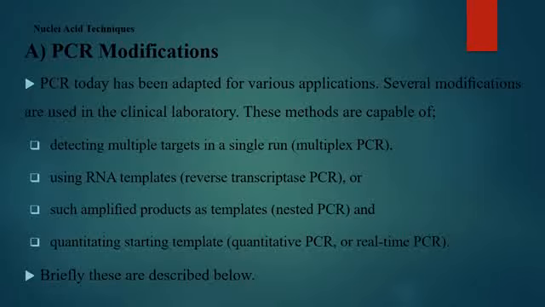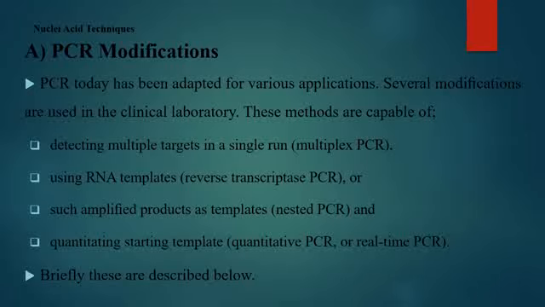Then we have the nested PCR. Now these are more like amplified products being used as templates. So you have amplified a particular product, and now they have become the template on which you are relying for your studies. And then another modification is quantitating of the PCR.